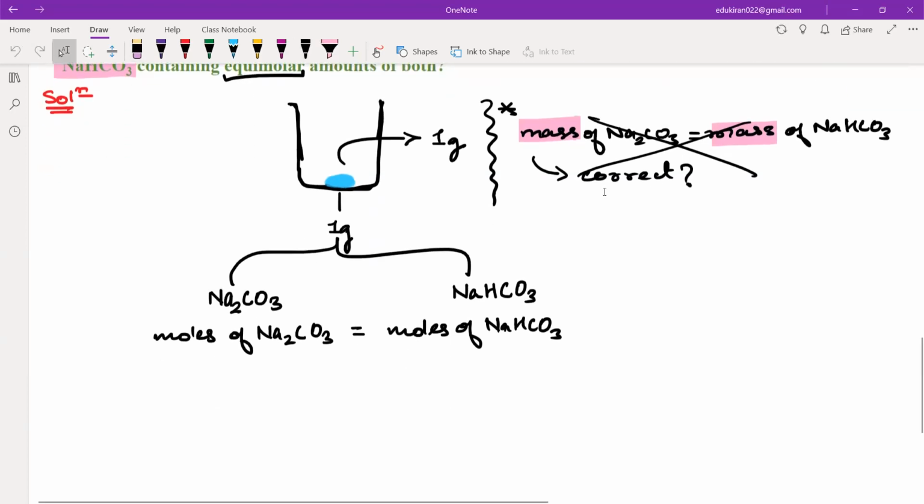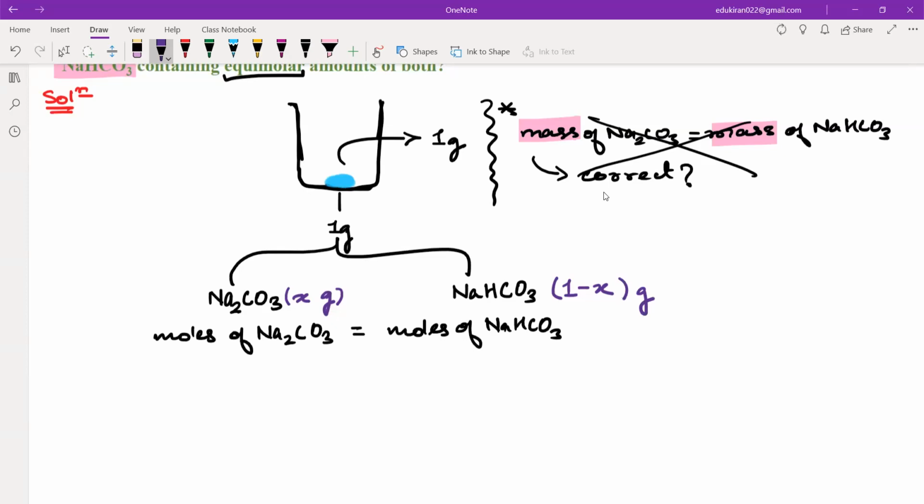So what we can do now, let me take the mass of Na2CO3 as x grams. Evidently, the mass of NaHCO3 will be equal to 1 minus x grams, because the total mass is 1 gram.